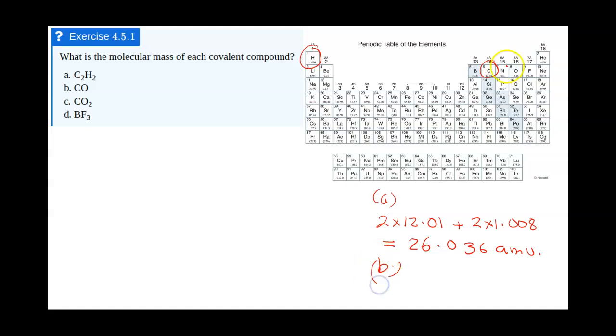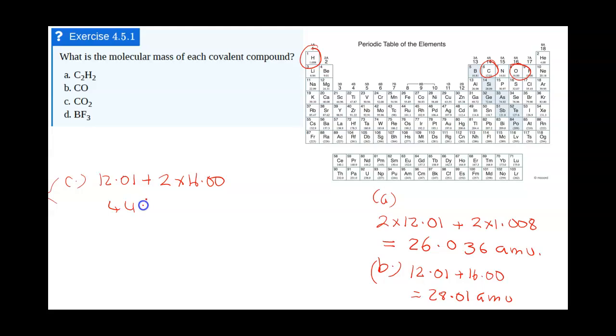For B, we need the mass of one carbon and the mass of one oxygen. One carbon is 12.01 and one oxygen is exactly 16. So that will be 28.01 AMU. We can do C. We have one carbon, but then 2 oxygens, and so that will give us a mass of 44.01 AMU.